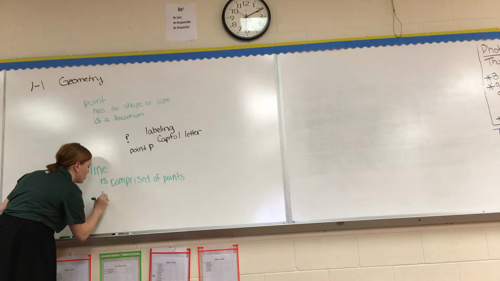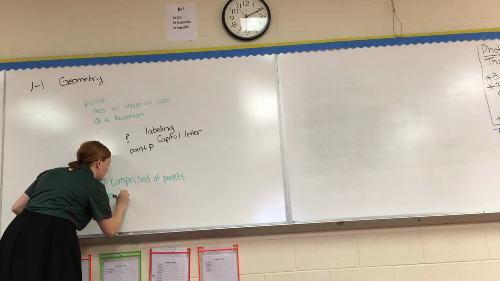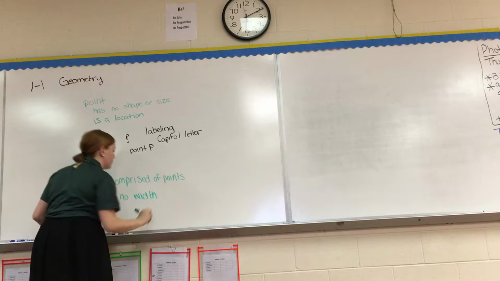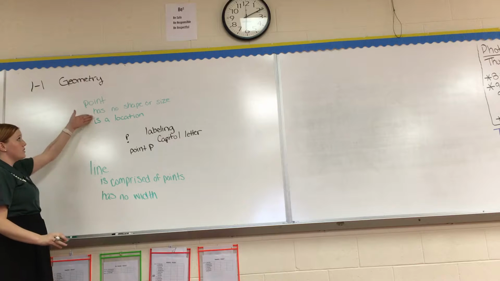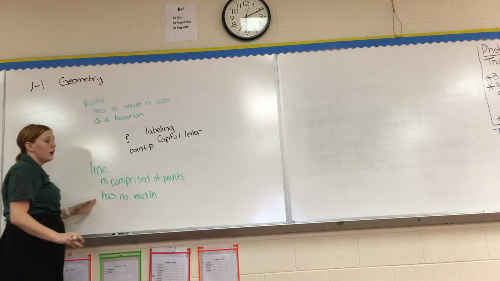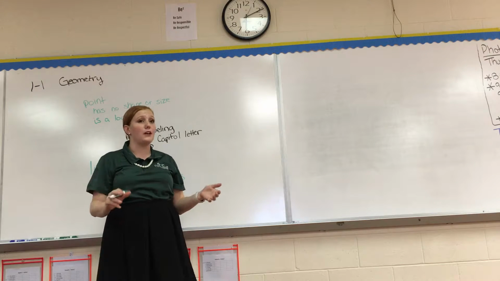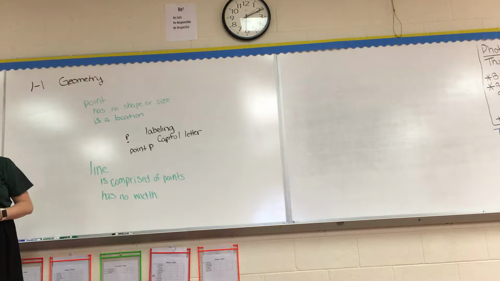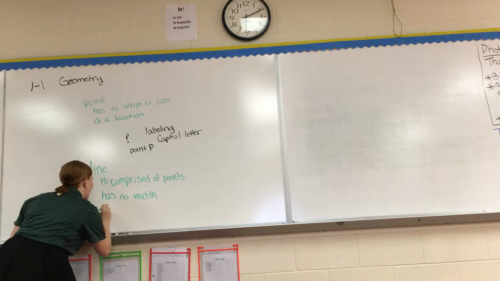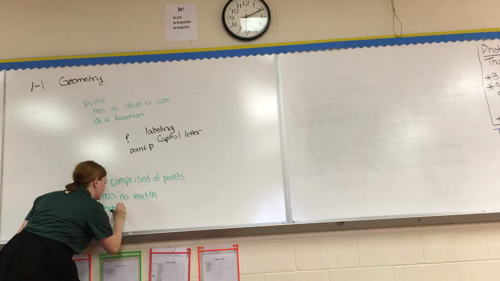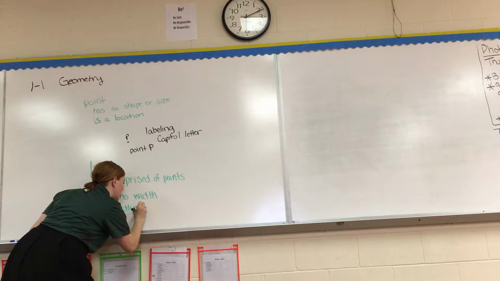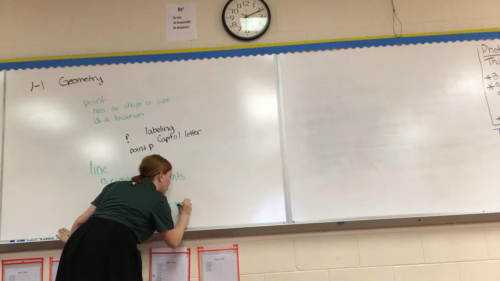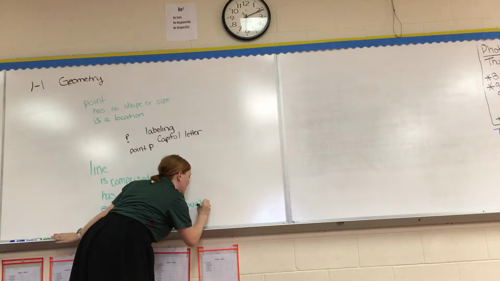A line has no width, because if a point has no size or shape, obviously a line made up of points is going to have no width. Along with that, there is exactly one line through any 2 points.